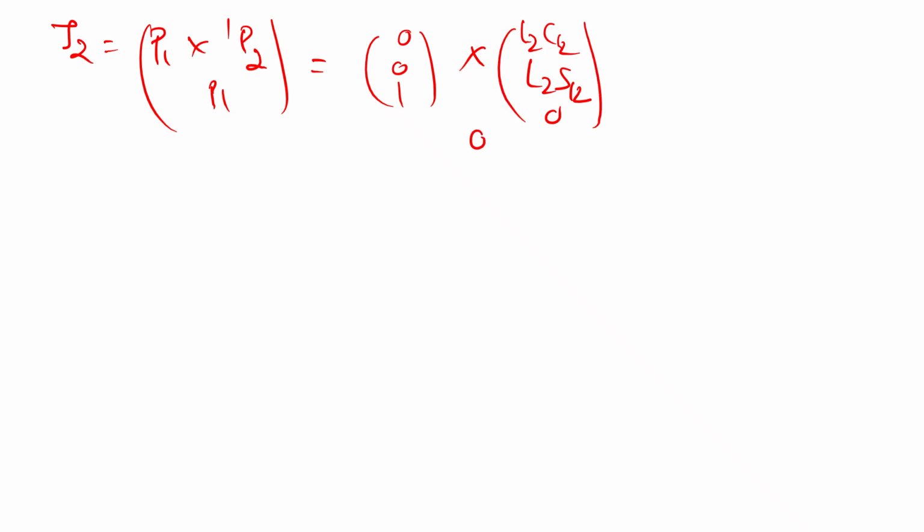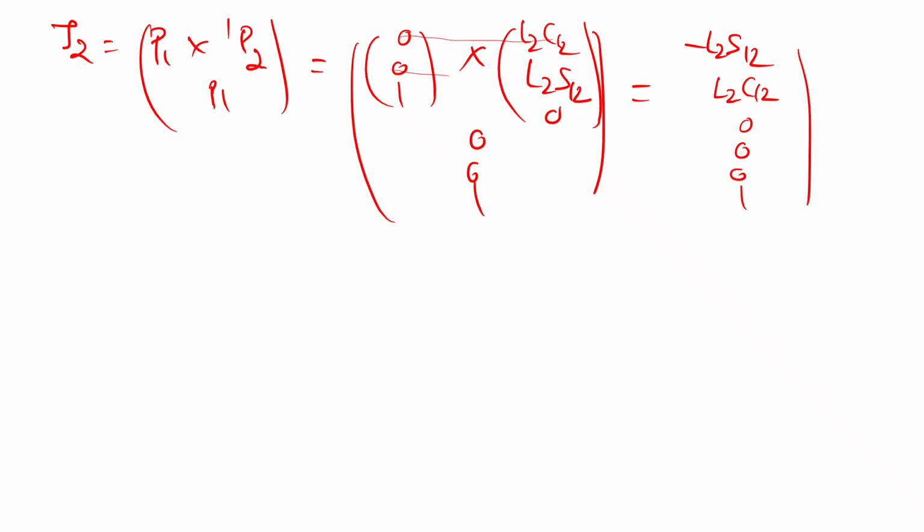For the first one, hide this, then 0 minus, so it is minus L2 S12. For the second one, hide this, then cross multiply, it is L2 C12. For the others, it is 0, then you write the remaining ones. So that's all. J2 is done.